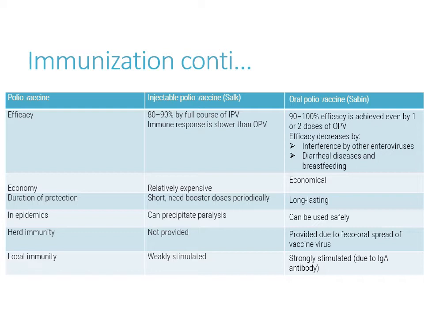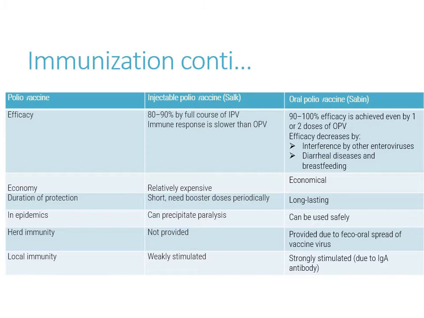Also, as we have known, when you are giving the child this oral polio vaccine, breastfeeding should not be there for 30 minutes before and after the vaccination. So breastfeeding can also change the efficacy of this OPV, and also diarrheal disease. Efficacy for IPV is poor as compared to OPV.